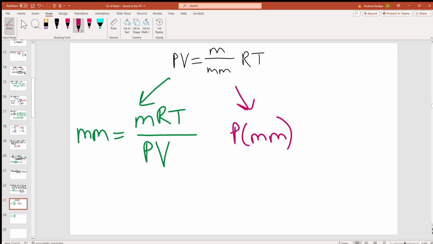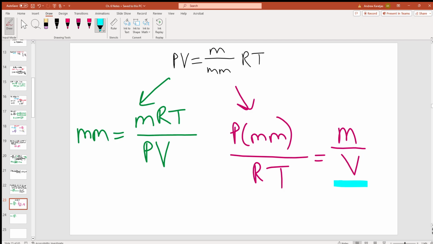And I'm going to take RT over to the other side also. And then I'm going to divide both sides by volume. And so by doing it this way, what do I have over here? Mass over volume. Well, that's just another term for density.